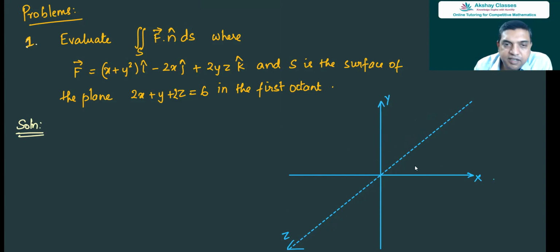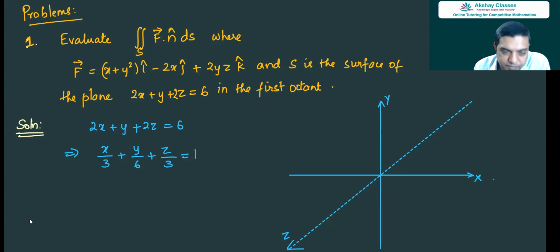Now the plane, let us see the plane. This is 2x plus y plus 2z is equal to 6. Divide by 6 throughout, you will get x by 3 plus y by 6 plus z by 3 is equal to 1. So in this octant, O is the origin. At x, we have 3 comma 0 comma 0. At y, we have 0 comma 6 comma 0.